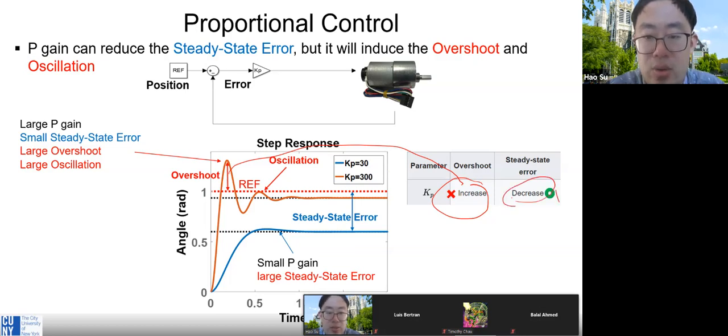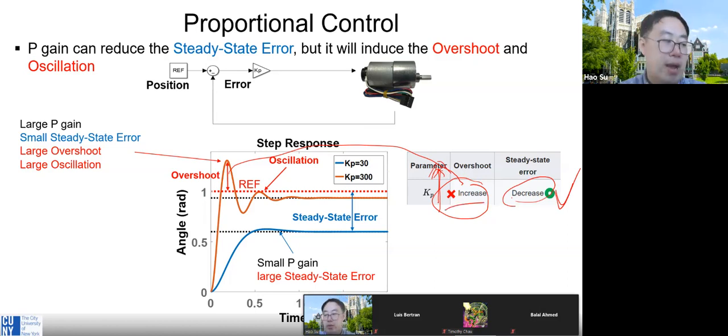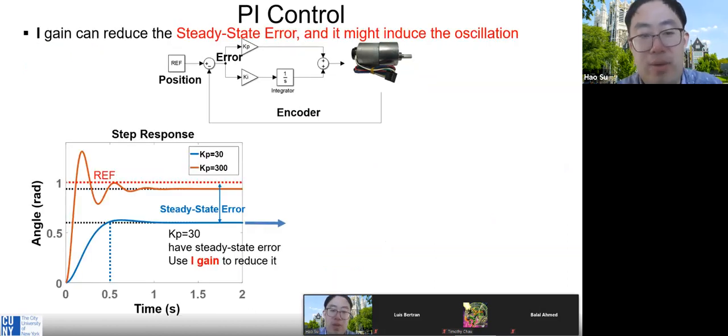So this is good, this is bad. Assuming a larger KP can reduce the steady state error, you see here the larger KP has the smaller steady state error, so this is good. But in terms of overshooting, a larger KP has a bigger overshooting, so that's not perfect.